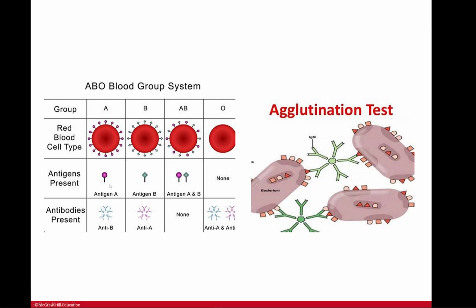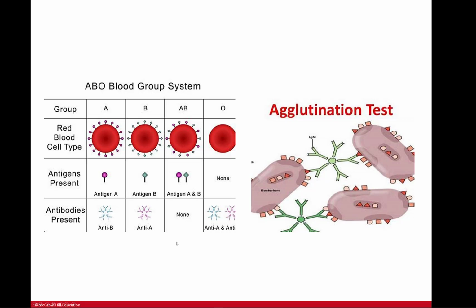So antigen A has a particular protein on the surface, antigen B if you happen to be type B, or if you're type AB, you have both of those on your red blood cell. If you don't have any expressed, then you're type O. So O is a universal donor, and AB is a universal acceptor, as a recipient for the blood types.